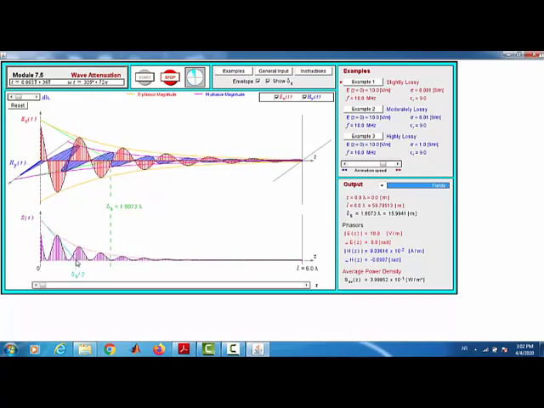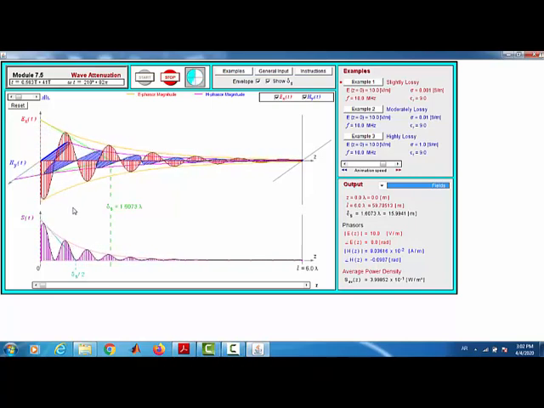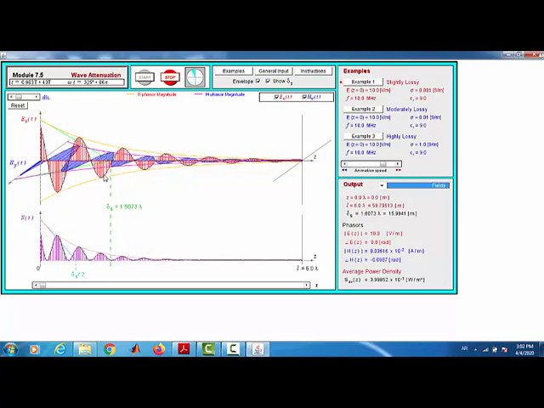Here the penetration depth is half the penetration depth calculated in the case of field, because the power is proportional to the square of the electric field. So it will be attenuated faster, and the penetration depth will be shorter. It's half of the penetration depth here.